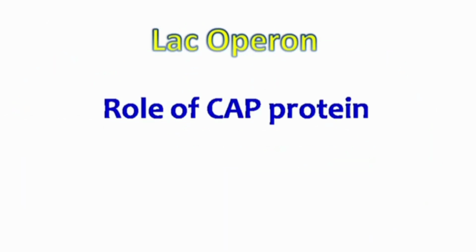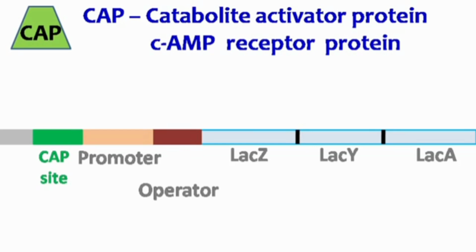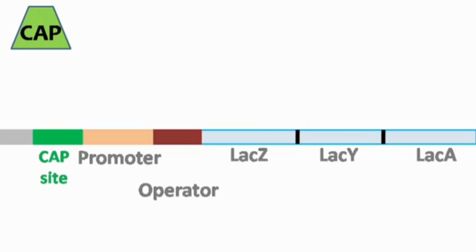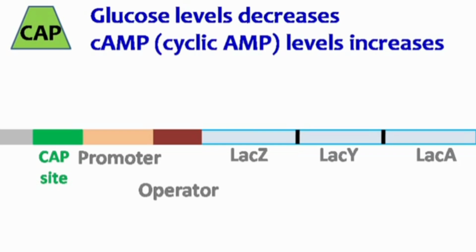The role of CAP protein in the LAC operon. CAP stands for catabolite activator protein. CAP binds cAMP, hence it is also known as cAMP receptor protein. When the glucose level in the cell decreases, the level of cyclic AMP in the cell increases.